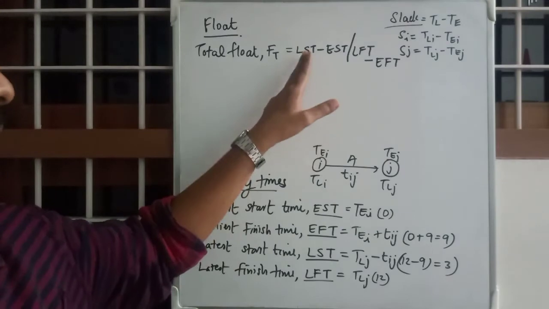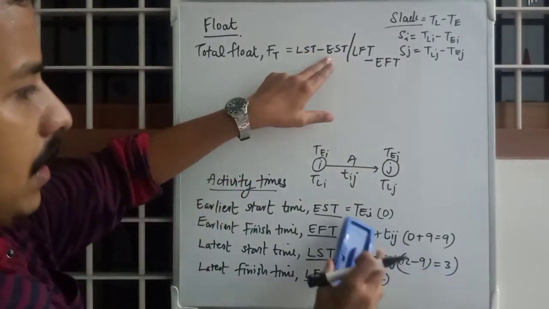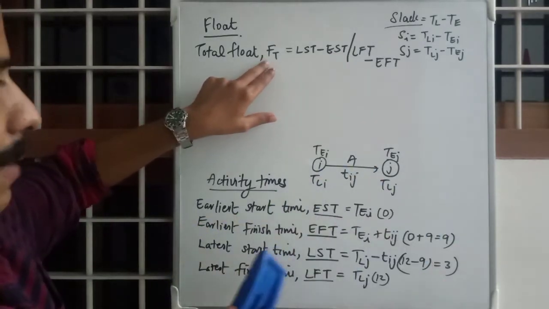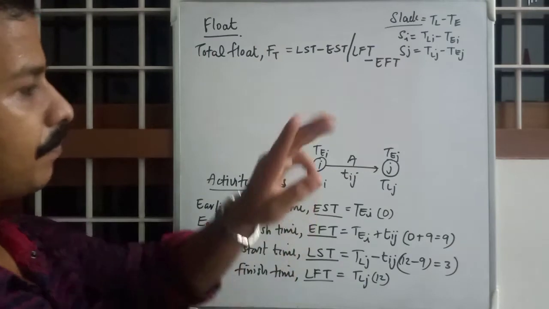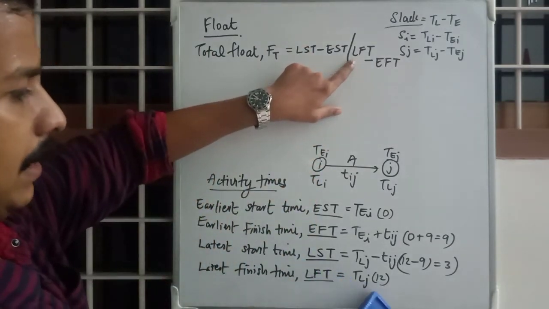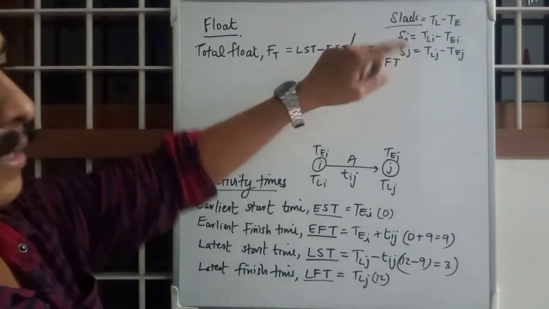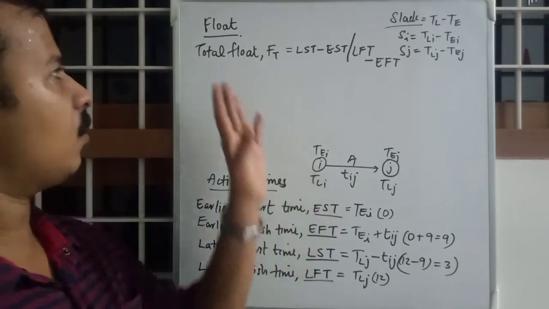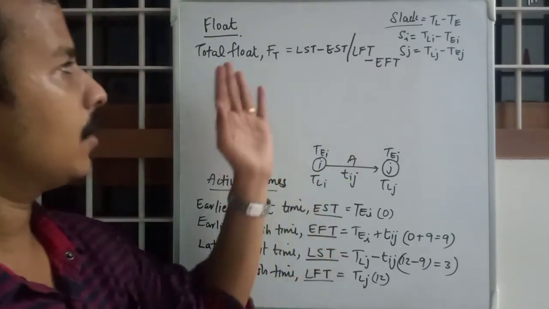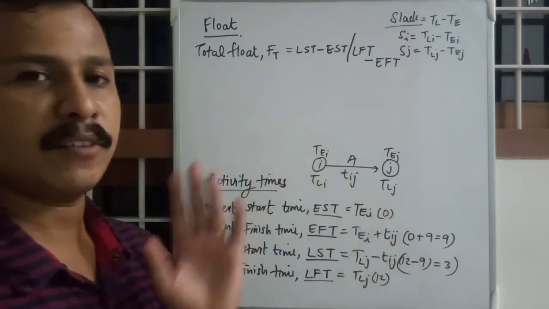Okay, so we'll check it. LST is 3 minus EST is 0. So you will get total float in our last example as 3 days, right? And in case of the second one, LFT is 12 minus EFT is 9, again 3. So you can find out total float by either of these equations: the difference between two start times or two finish times.